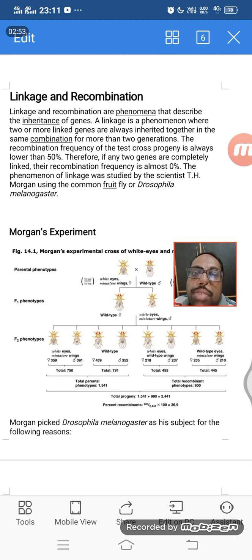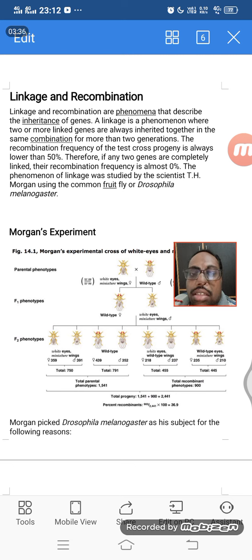What he observed is that, apart from the parental phenotype with white eyes and normal wings, some of the second generation showed variation, some differences. So Morgan said that what Mendel said, that one gene controls one trait, is not correct in all cases.